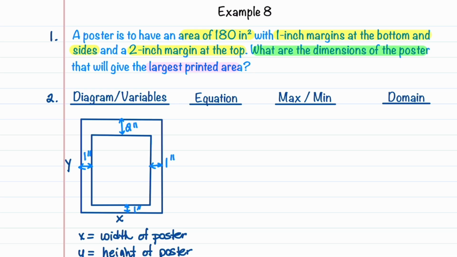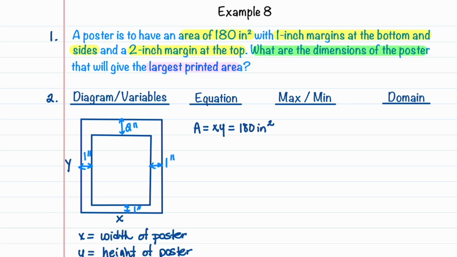Now what we want to do is write down an equation that relates our diagram to other information that we've been given. We are told that the poster is to have an area of 180 inches squared. So we can say that our area of our poster is x times y, and that is 180 inches squared.